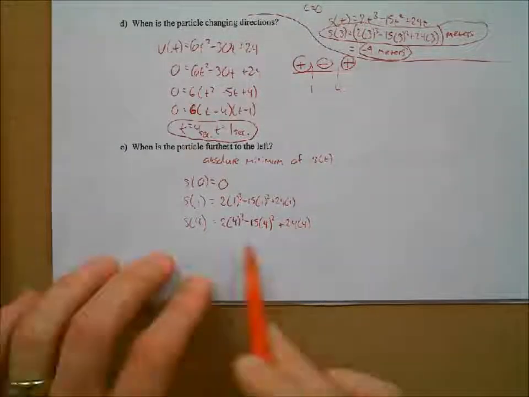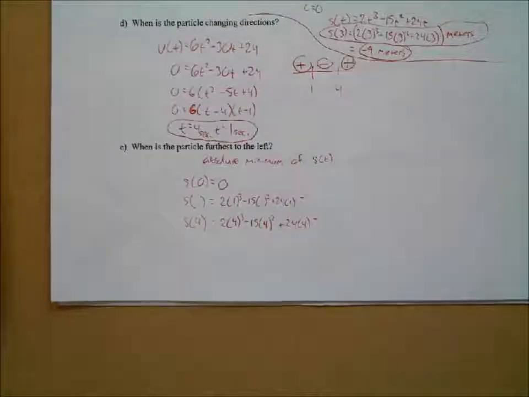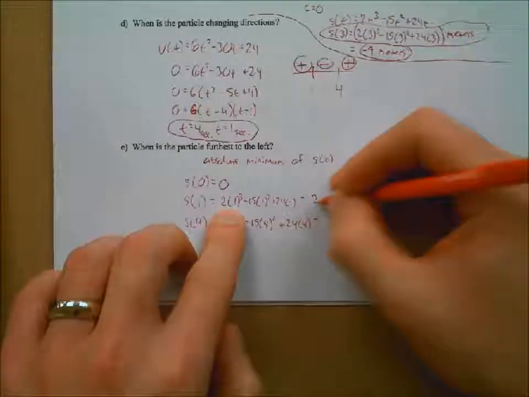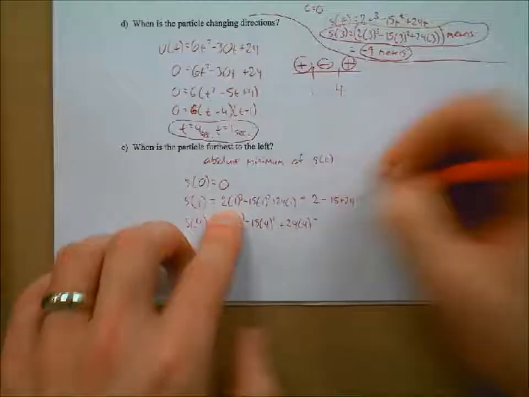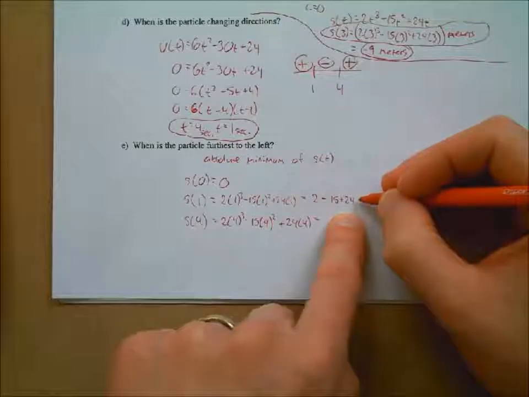I think I plugged those in correctly here. Yeah, okay. So 2 times 1 cubed will be 2, minus 15 plus 24. So 2 minus 15, negative 13 plus 24 will be 11.